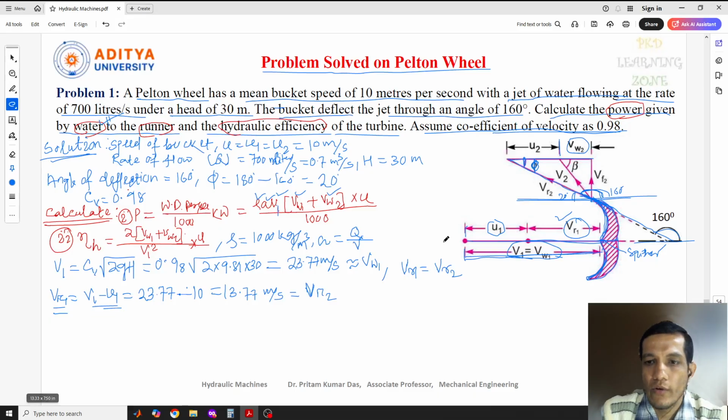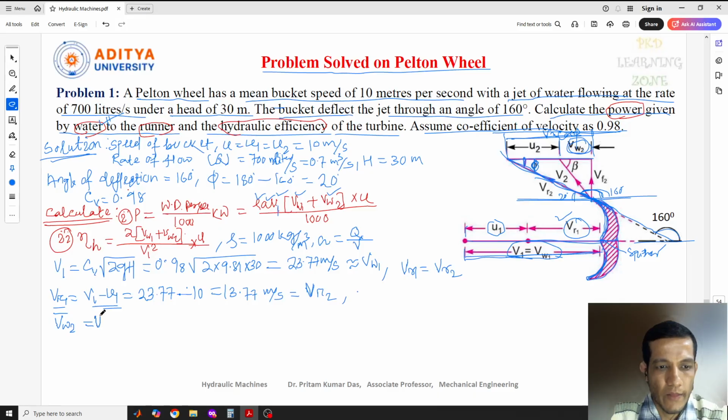Now we got the value of VW1. Now we need to find out VW2. To find this, I'll take the velocity component of the relative velocity at the outlet condition. VW2 equals VR2 cos phi minus U2.